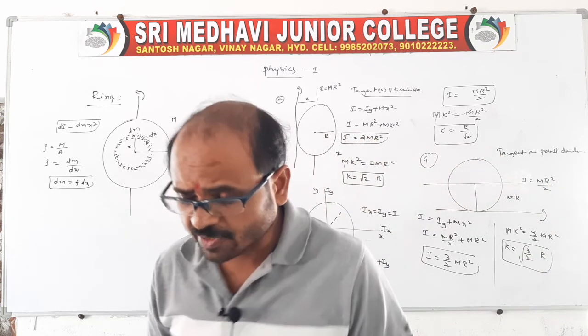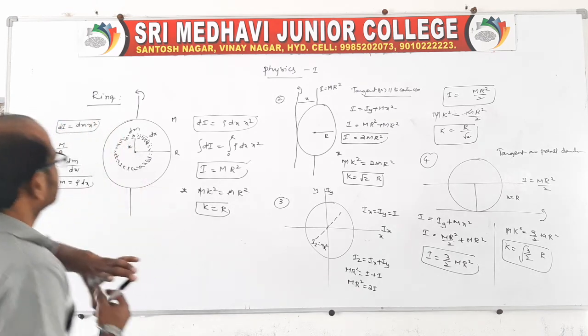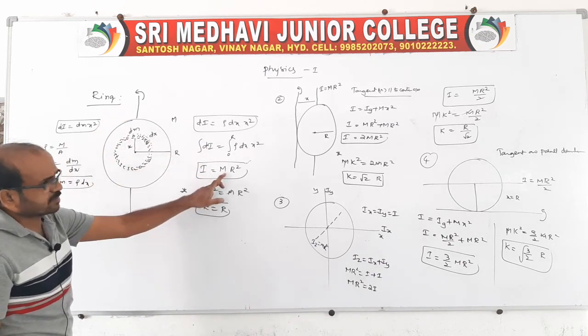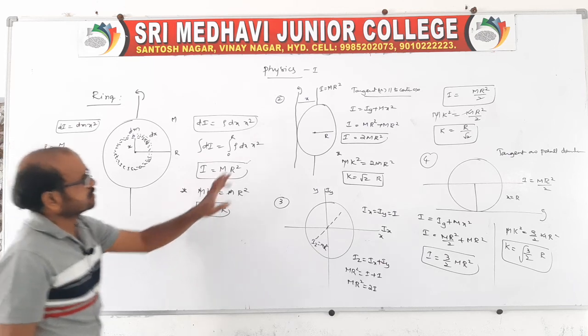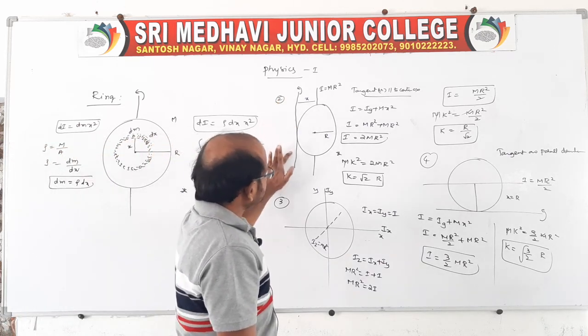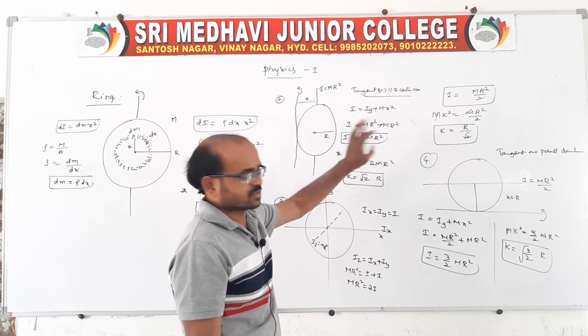For a ring we have different moments of inertia which are like this. One is the center axis moment of inertia mr square and radius of gyration r, and second, axis passing through the tangent parallel to the center axis, I is equal to 2 mr square.